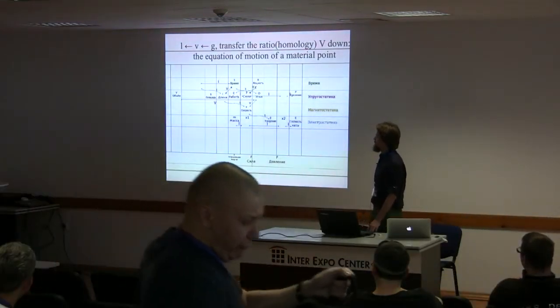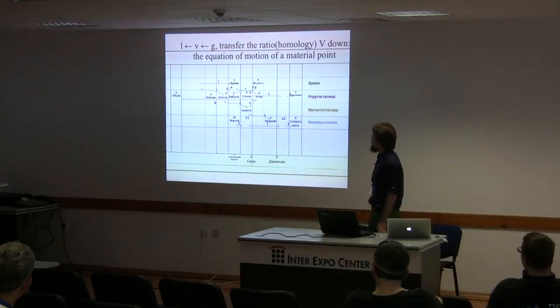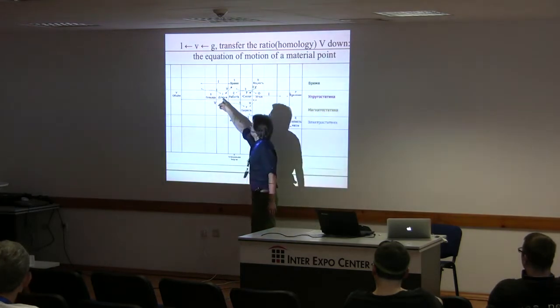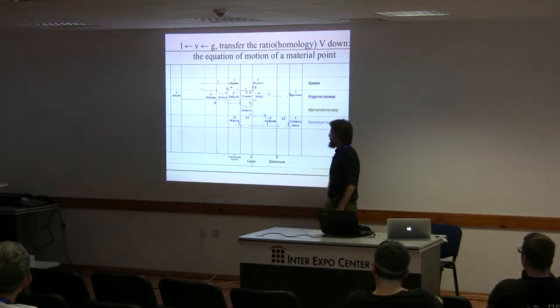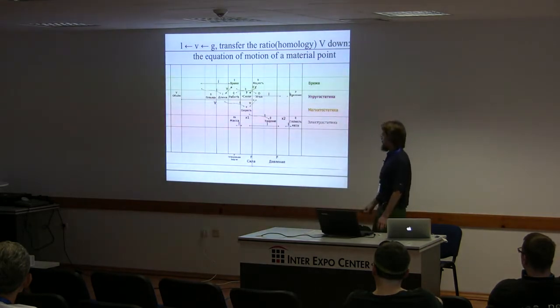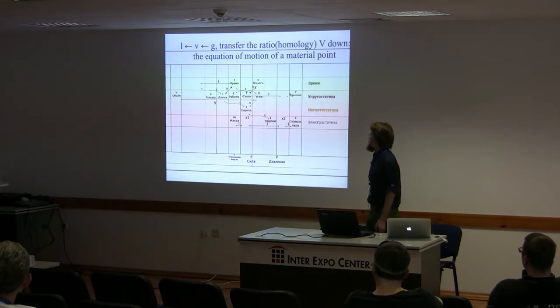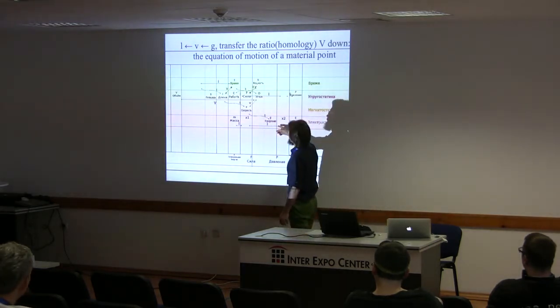Let's look at one more relation that is connected to time. So look at the length. It's here, speed, and acceleration. By multiplication or by derivation with time, we will see the equation for motion of a material point.